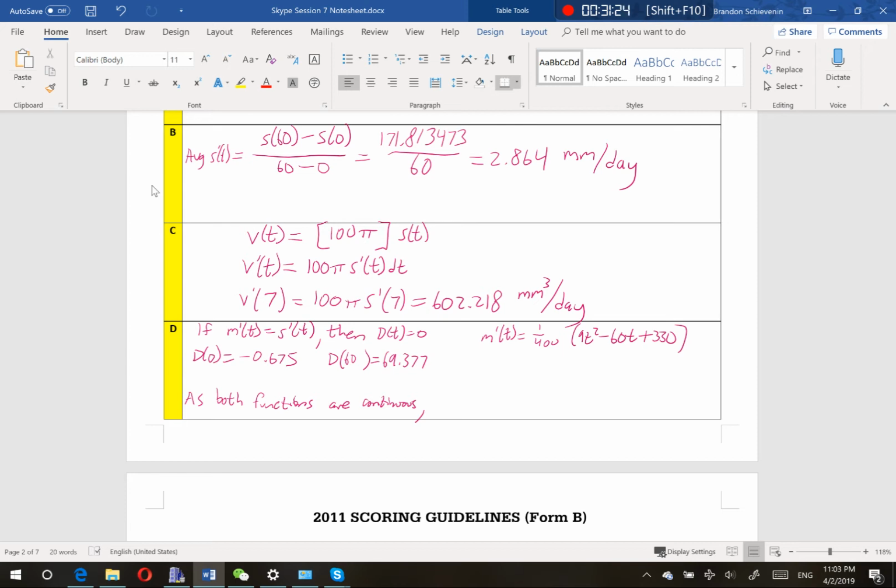Okay, as both functions are continuous, the intermediate value theorem guarantees that there will be a point on 0 is less than x is less than 60, where d of x is equal to 0.